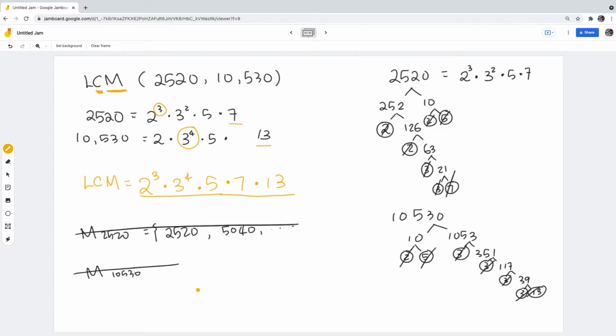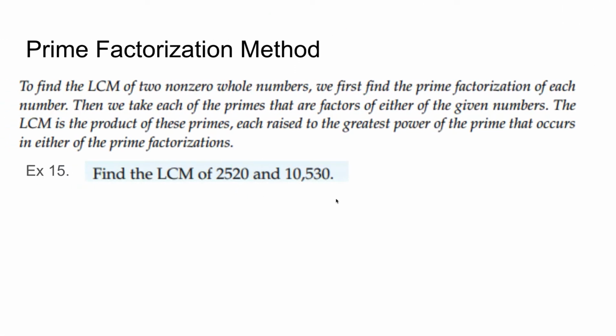Then your answer for this least common multiple will be a really big number, right? Which is 249,840. That's how you use prime factorization to find the least common multiple.